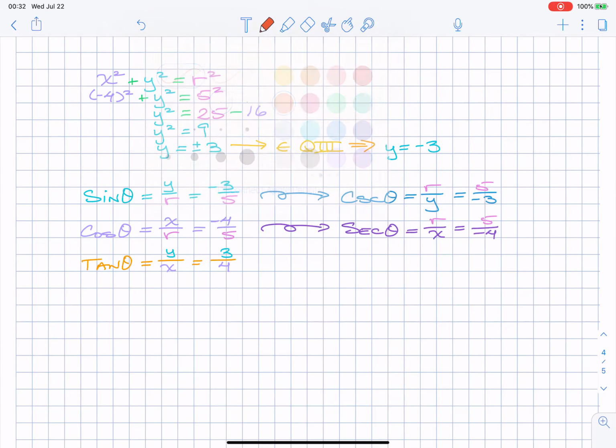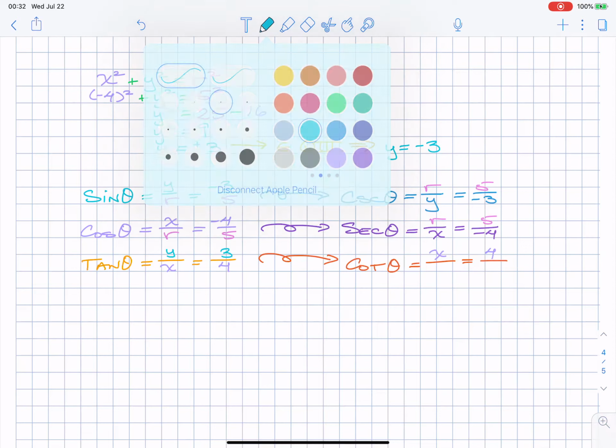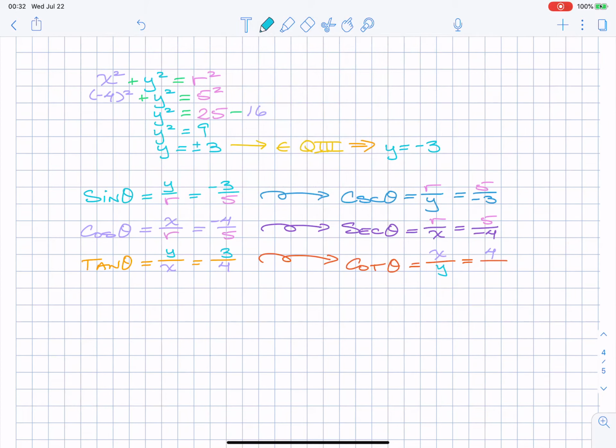So therefore, the reciprocal function, cotangent of theta, will just be x over y, or positive 4 over 3. Sorry, I said 4 over 5. What am I saying?